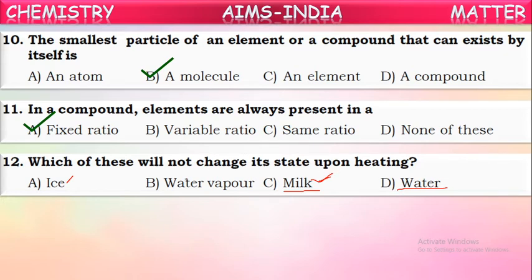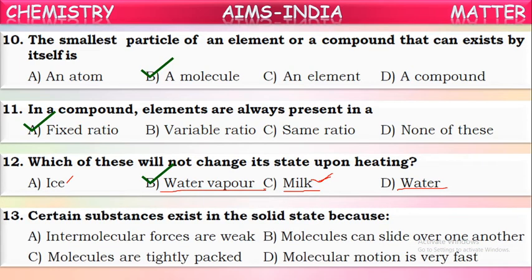That we know. What happens if we heat water vapor? Water vapor is already in the gaseous form. So when you heat water vapor, it will not change its state. It will just carry more and more energy. It becomes much hotter. So there will be no change in its state even after heating. That is water vapor.